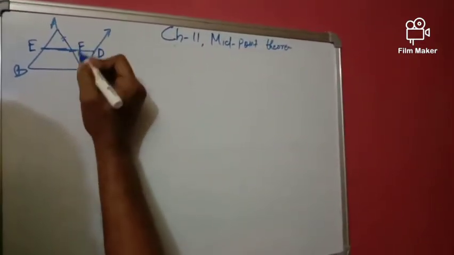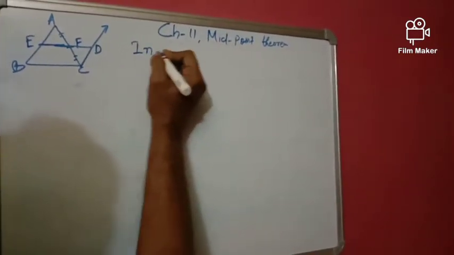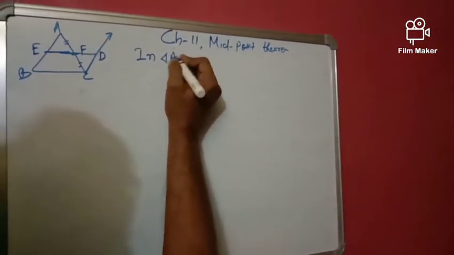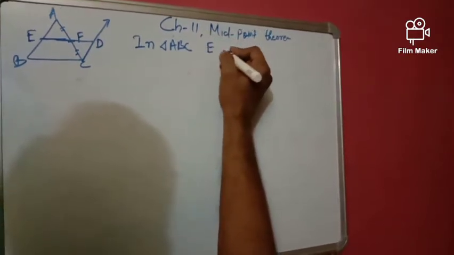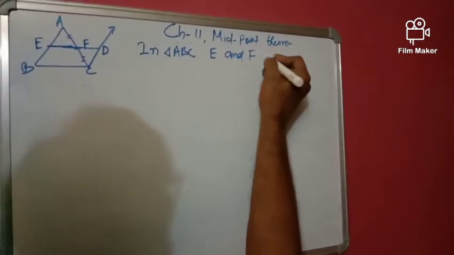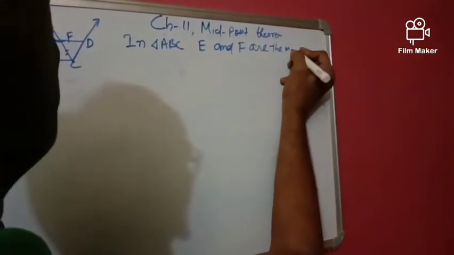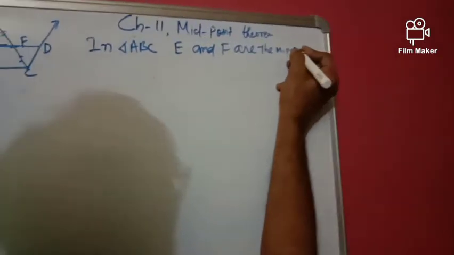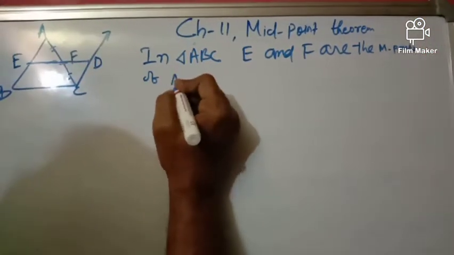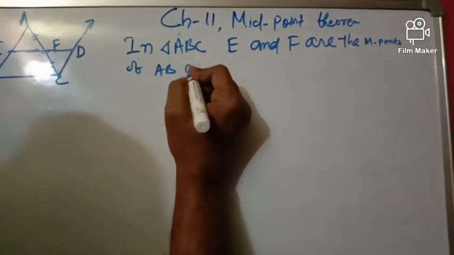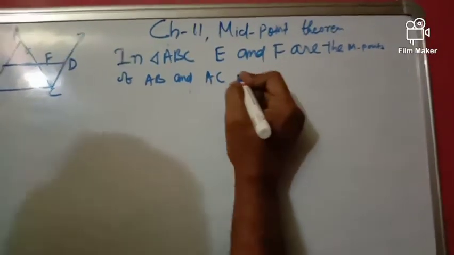Here F is a midpoint, this part is given. Given: in triangle ABC, E and F are the midpoints of AB and AC respectively.